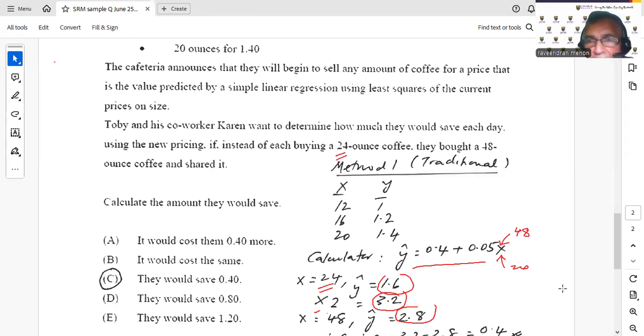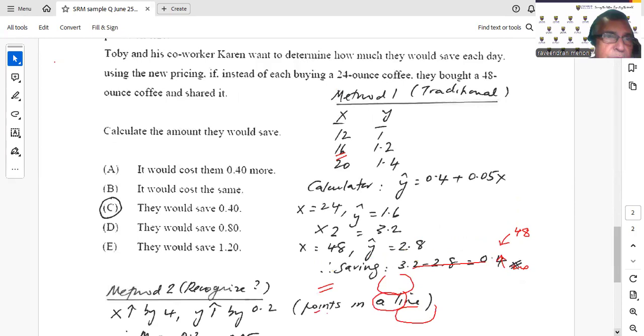So by sharing a 48 ounce coffee, you are saving 3.2 minus 2.8, you'll get 0.4.